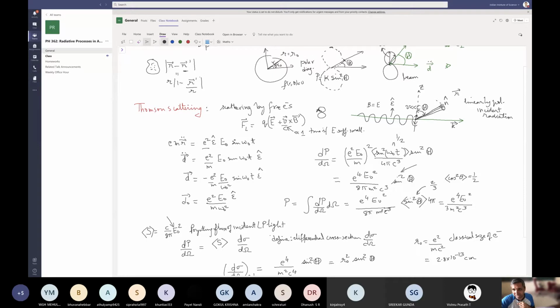Basically what I'm saying here is that in the phi direction, you have symmetry about this direction. Whether you measure radiation at any of these phi's, you will have the same power measured.